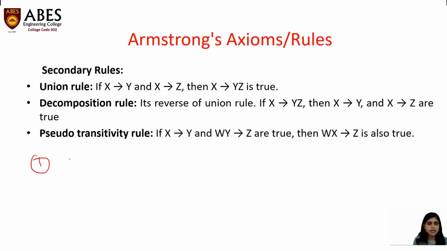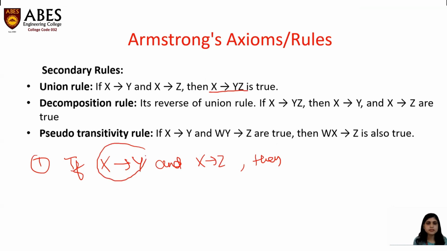By definition, it says that if X, Y, and Z are three attributes, and if X implies Y, or X determines Y, and X determines Z, then we can write that as X determines YZ. See, understand this. X can already determine Y, it is already given, and X can already determine Z as well. So we can combine both Y and Z and write it like this. There is no issue. So this rule is called union.